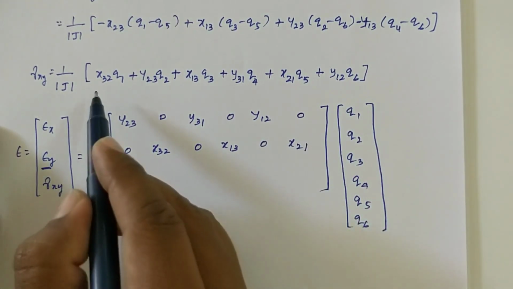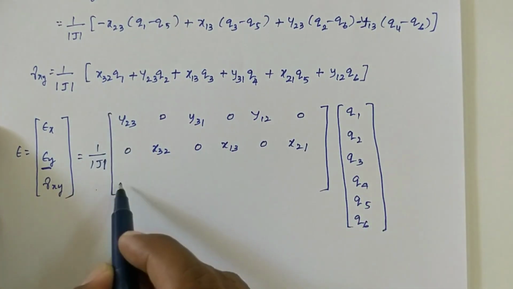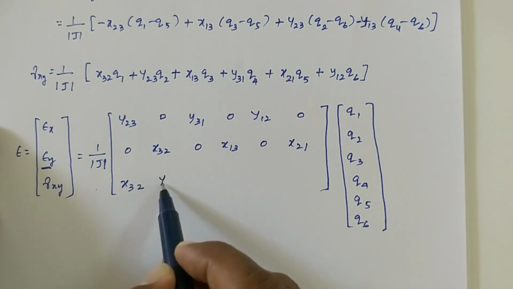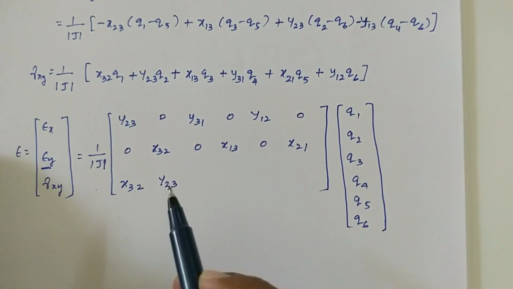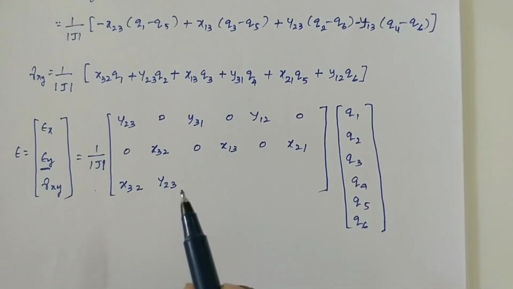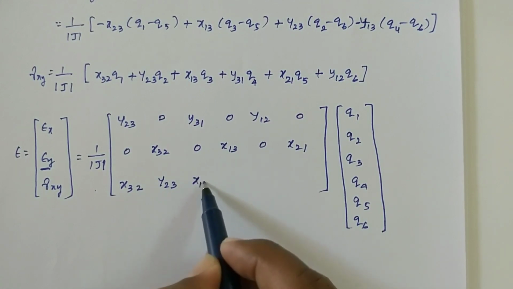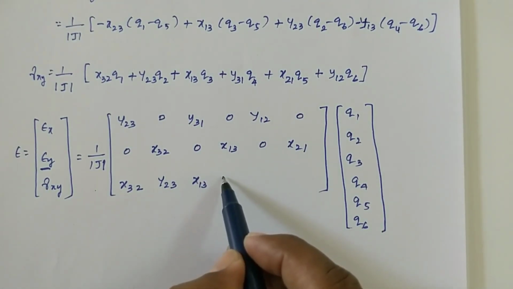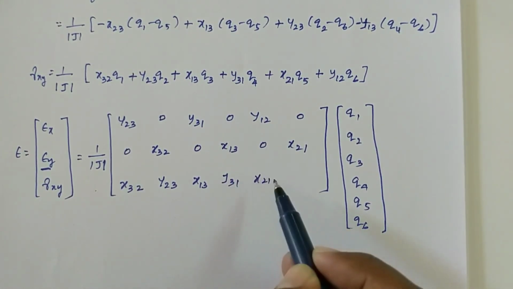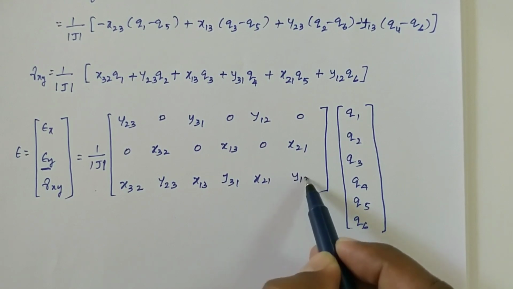For gamma xy, the coefficient of q1 is x32, q2 is y23, q3 is x13, q4 is y31, q5 is x21 and q6 is y12.